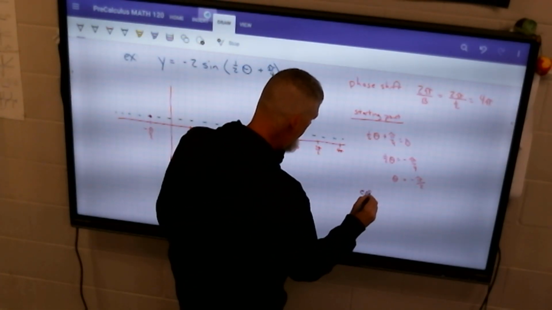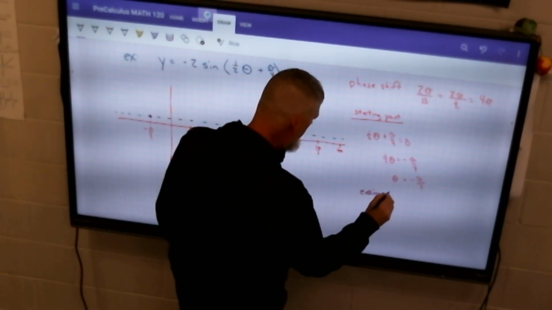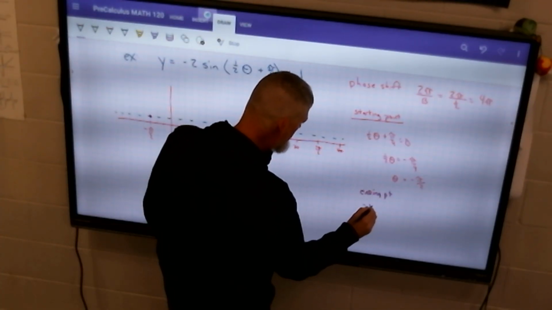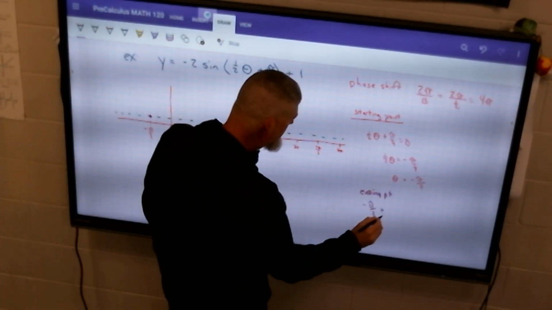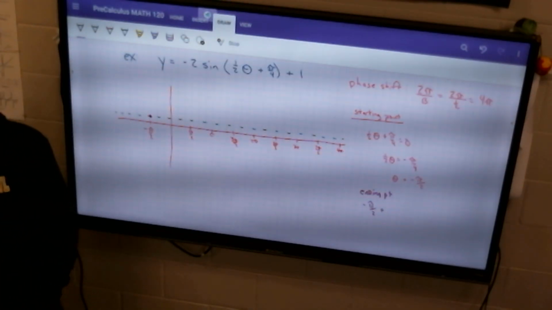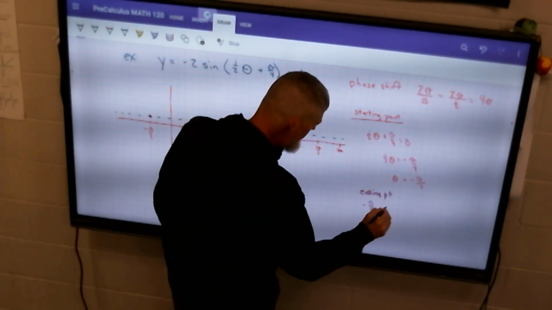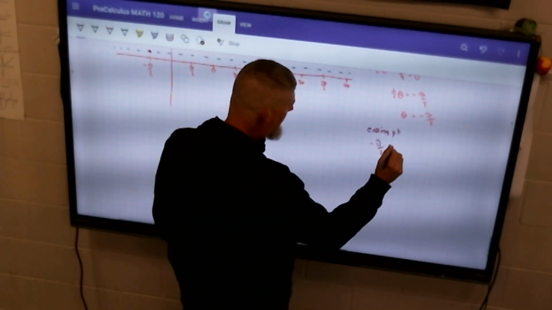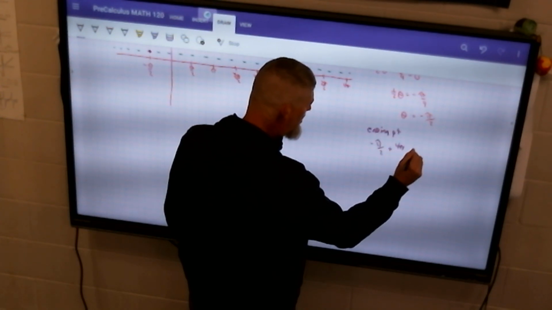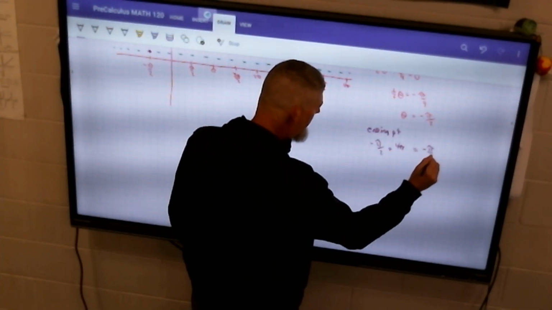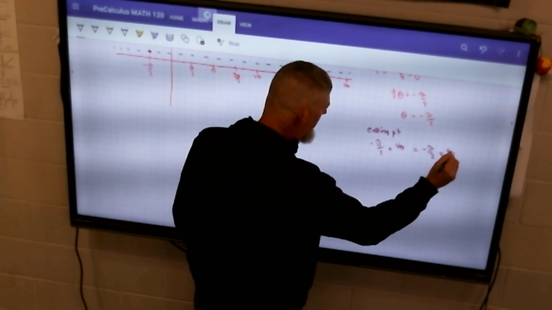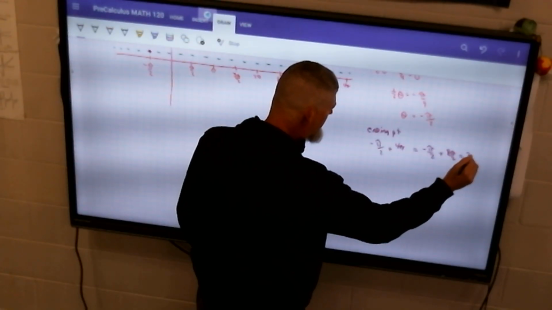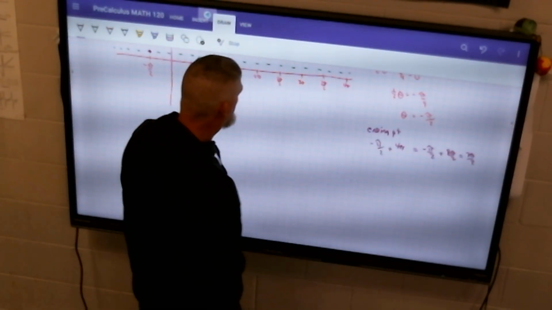Ending point. And you got that by doing negative pi over 2 plus what? 4 pi over 8 pi over 2. Correct. So I'm going to slide up a little bit, plus 4 pi, which you have to get a common denominator. And that's how we get 7 pi over 2.